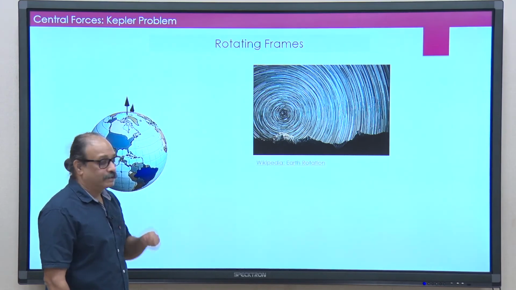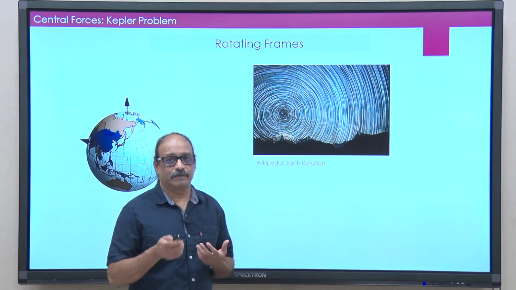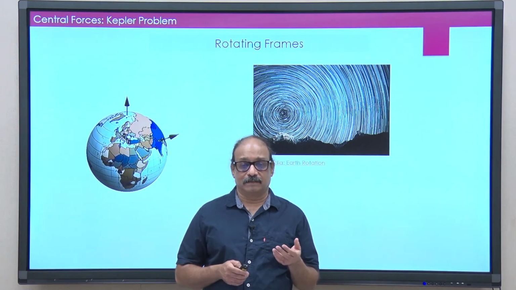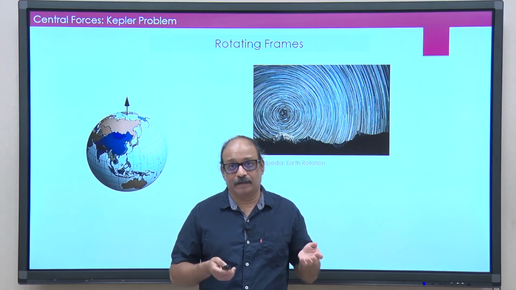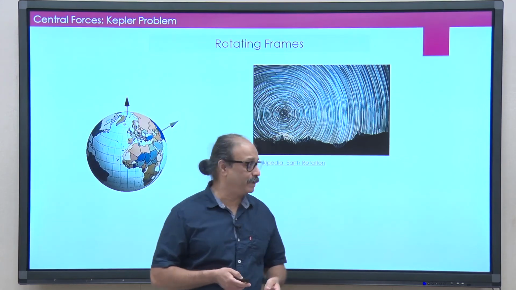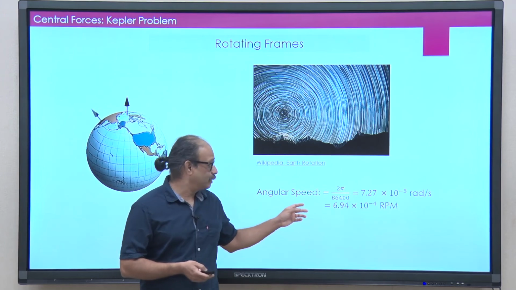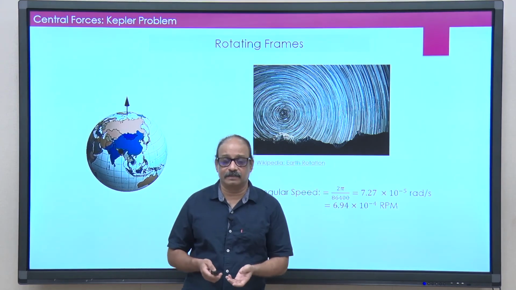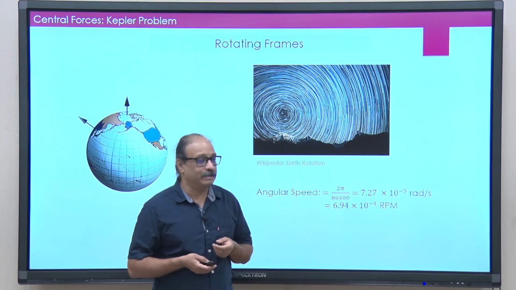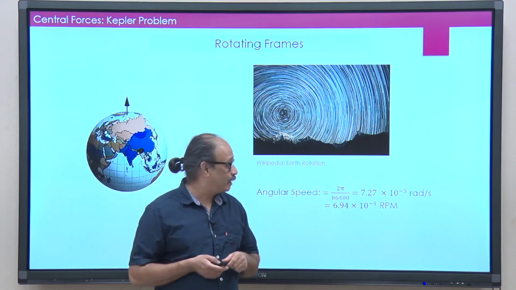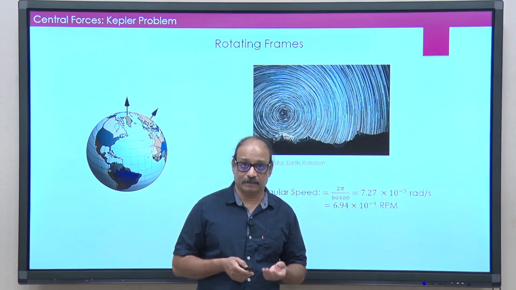Now, this rotation speed, of course, we can quickly calculate. It is one rotation, 2 pi radians per day. That is nothing but 2 pi divided by the number of seconds in a day, and you can immediately calculate that. It is basically 7.27 times 10 to the power minus 5 radians per second.